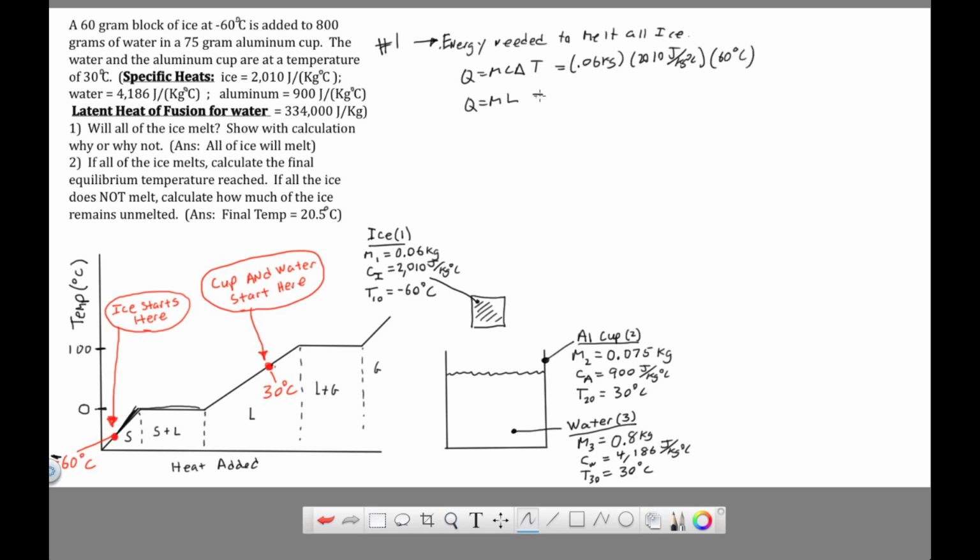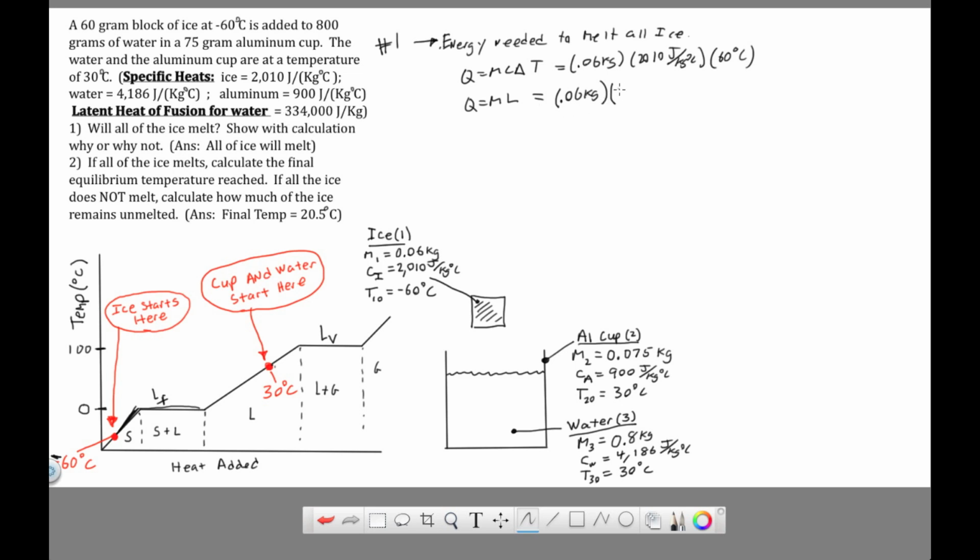All right, then for the phase change part, the equation is Q equals ML. The mass of the ice is 0.06. The latent heat of fusion, down here this is latent heat of fusion, up here is latent heat of vaporization. The latent heat of fusion for ice is given right here.